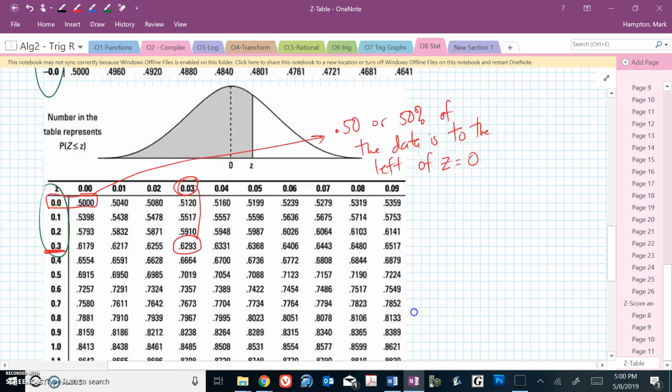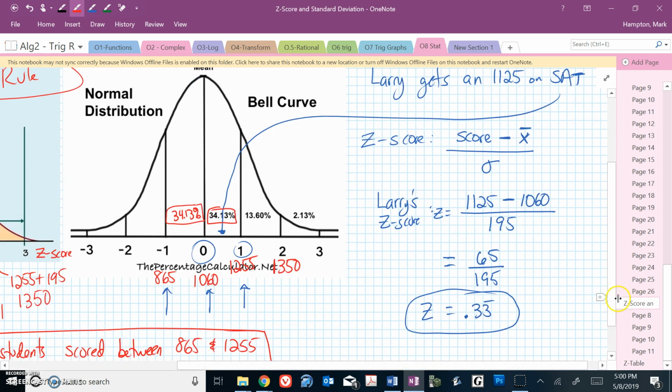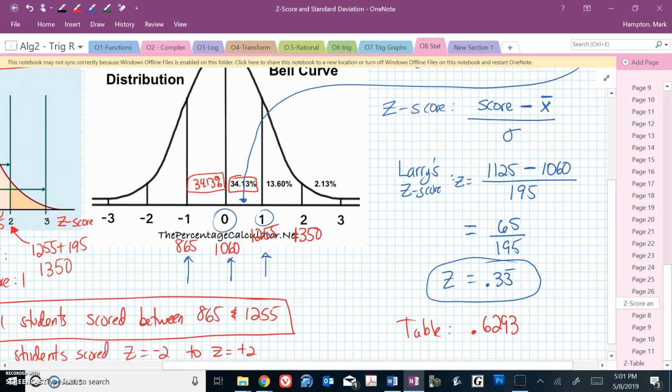So that means on our SAT graph that we had over here, where we looked at Larry, let's go back to the actual thing, from the table, we have 0.6293.